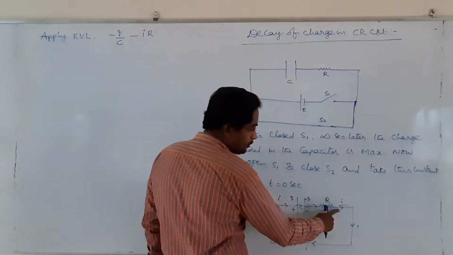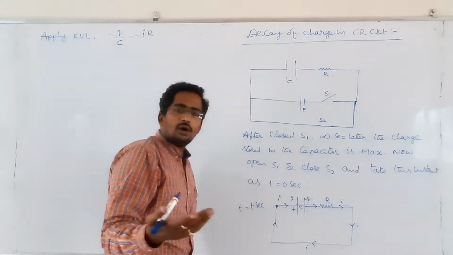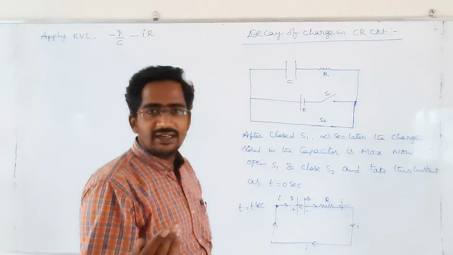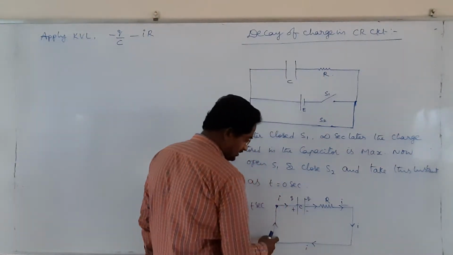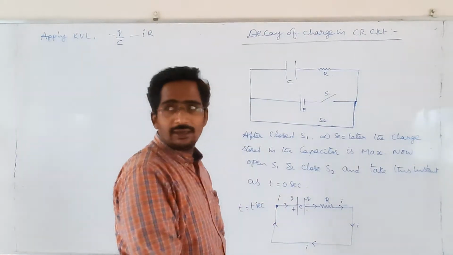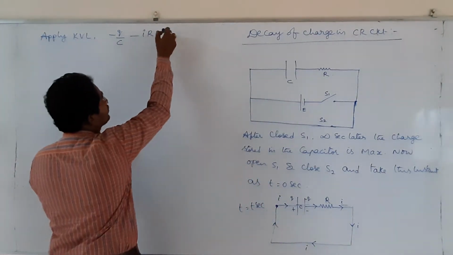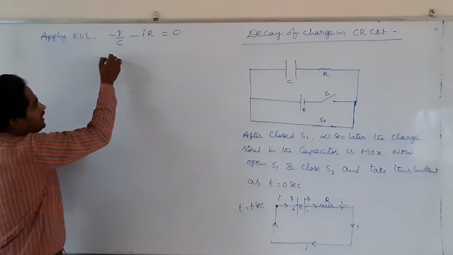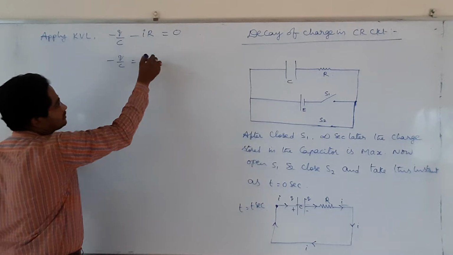I reach this point and come like this. Nothing is there here, no circuit elements or devices, so we move like this and reach the initial point, and the sum of these potentials equals 0. By that we get Q by C minus IR equal to 0, that is, minus Q by C equal to minus IR.